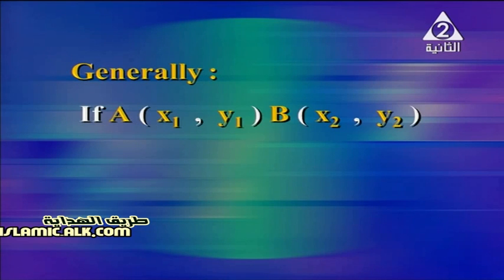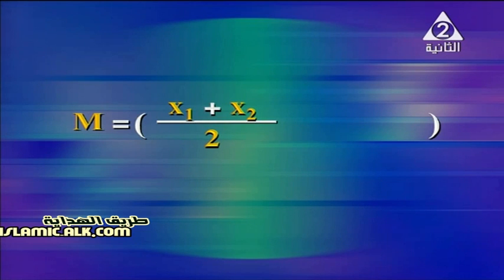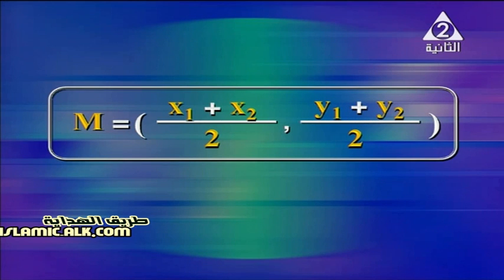So generally, if A is (x1, y1), B is (x2, y2), and M, which is (x, y), is the midpoint of AB, then the coordinates of the point M will be (x1 plus x2 over 2, y1 plus y2 over 2).